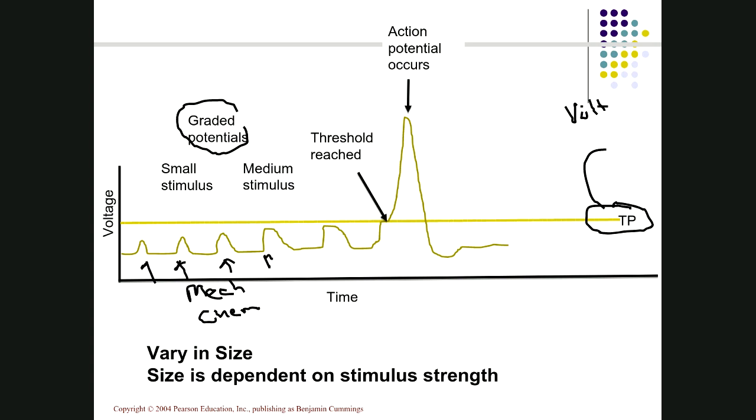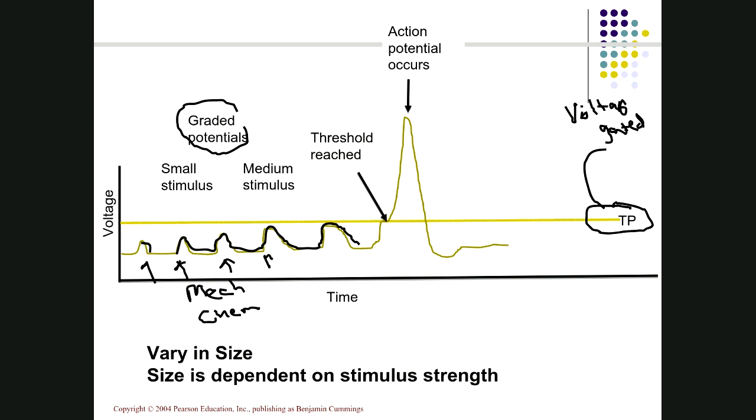But none of these reached the place where voltage gated channels are going to become involved. And so they go right back down. And then we stimulate it again, and it goes up a little higher, but it didn't make it to threshold. It goes back down to resting. No matter how close you get to threshold, if you don't actually get there, it's just going to come back down.